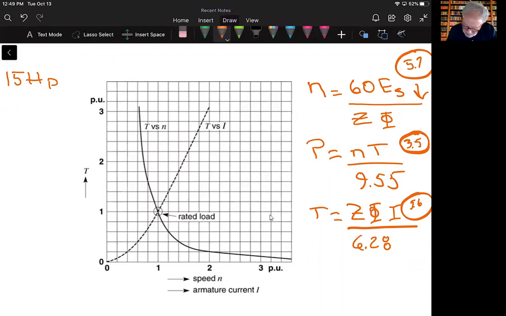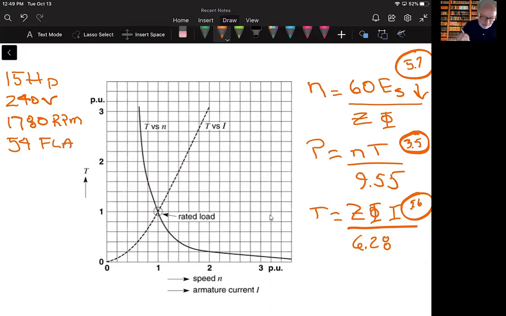It's telling us that it's 240 volts, that it's rated to run at 1780 RPMs, and it has an FLA of 54 amps. Those are our base units. This is nameplate information, and that's what we use to determine what our bases are. And from these bases, we can construct other bases.